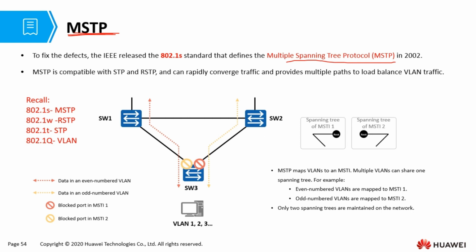Just recall back: if we are talking about VLAN, it is 802.1Q, T is STP, W is RSTP, and S is the MSTP standard. Same as RSTP, MSTP is compatible with STP and RSTP, and it can rapidly converge the traffic and provide multiple paths to load balance the VLANs.